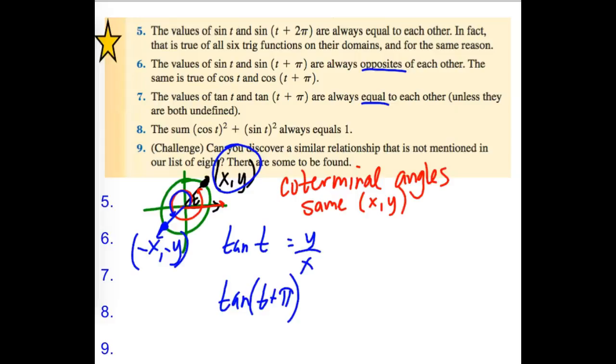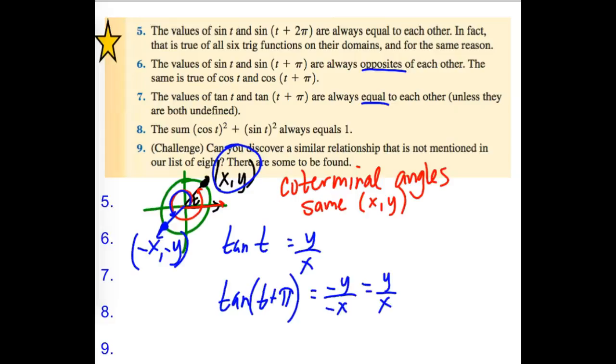Now I'm down at my quadrant 3 point. So negative y over negative x, but dividing two negatives cancel each other out. Yes? Okay, so for sine and cosine, our x and y is flipped to being opposites, but then when we divide them, our tangent ends up being the same. We're going to talk more about that topic tomorrow, and it's called the period, and when we go to graphing, it's going to be really critical.